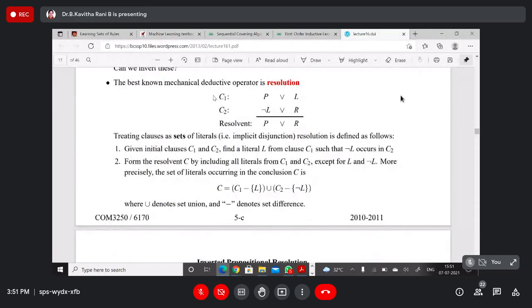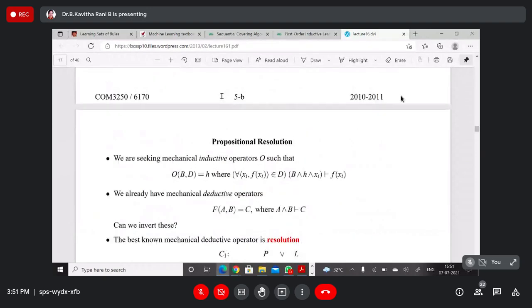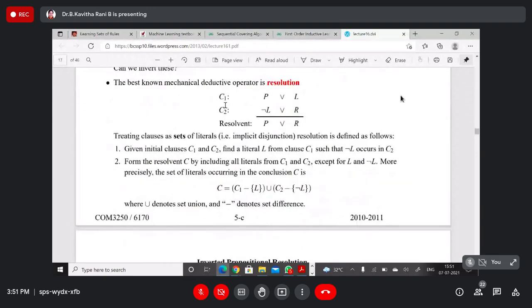So here you can see C1 and C2. The resolvent is P or R. What does that mean? C1 means concept 1, C2 means concept 2. What is concept 1? I'll tell you one example.